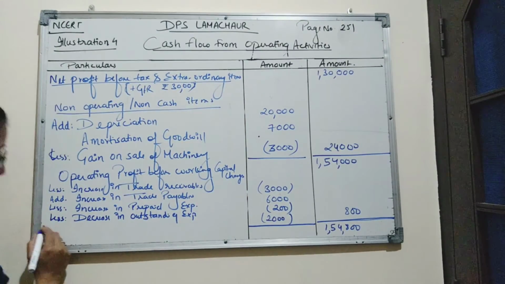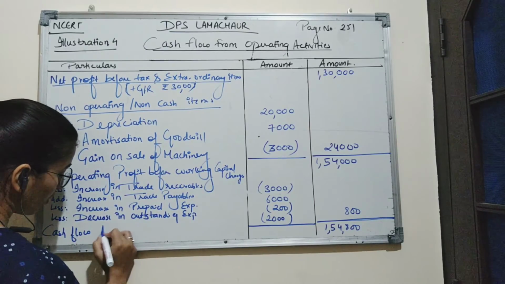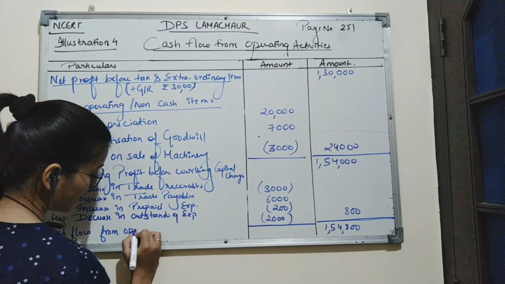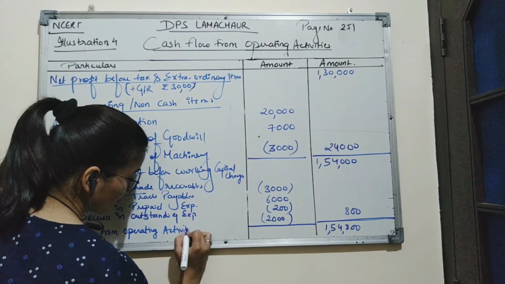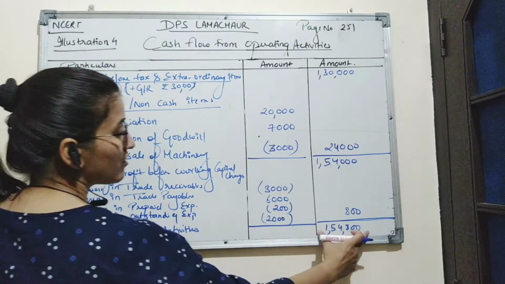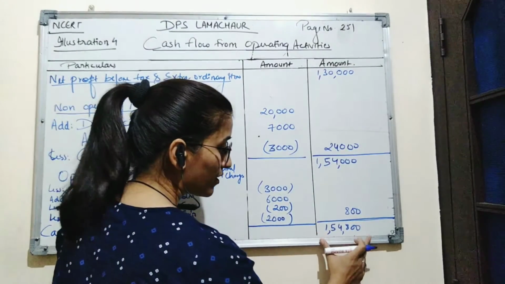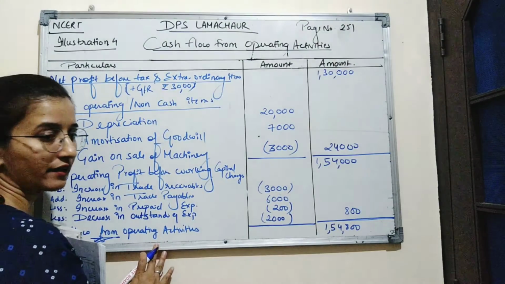This amount will be our cash flow from operating activities. So we are using cash flow from here because we are getting a positive value. Whenever we get a positive value, we always use cash flow from operating activities.